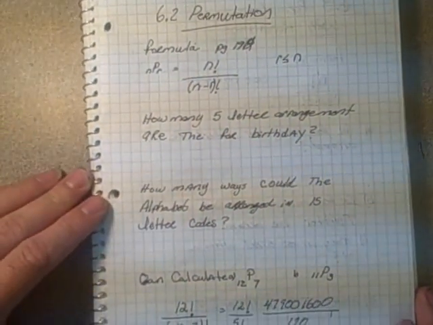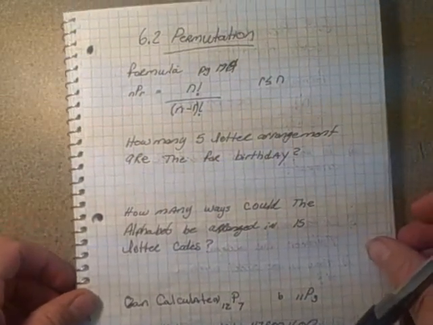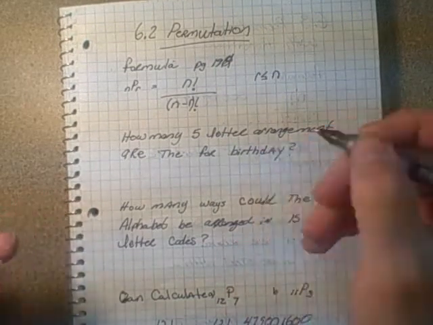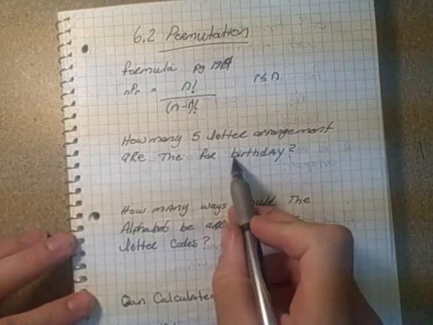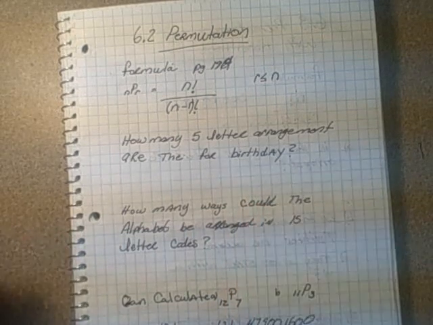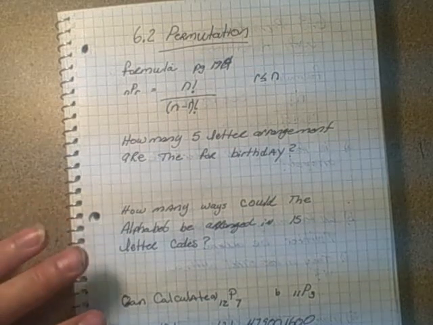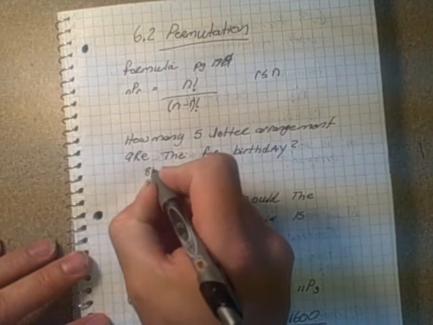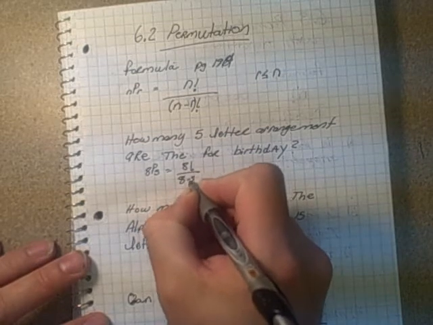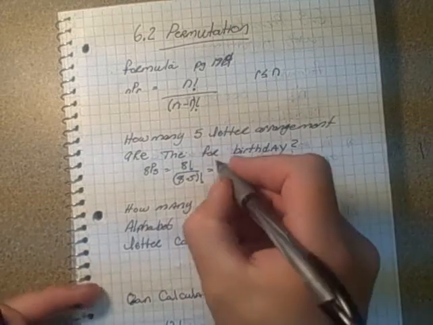So let's take a look at some word examples in permutations. How many 5-letter arrangements are there for birthday? Birthday has no repetitions, which is important. There are 1, 2, 3, 4, 5, 6, 7, 8 possible letters, and we're going to choose 5 of them. So we're basically going to do 8P5. That's 8 factorial over (8 minus 5) factorial, so 8 factorial over 3 factorial.